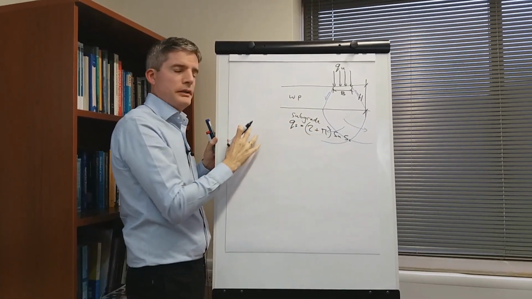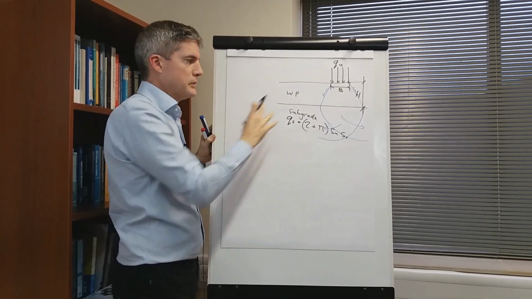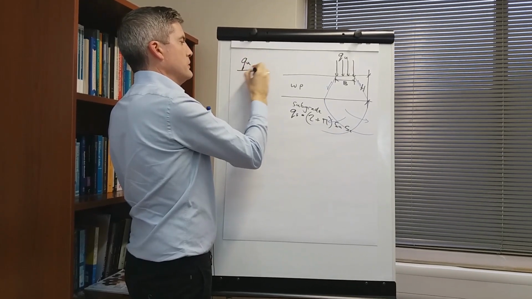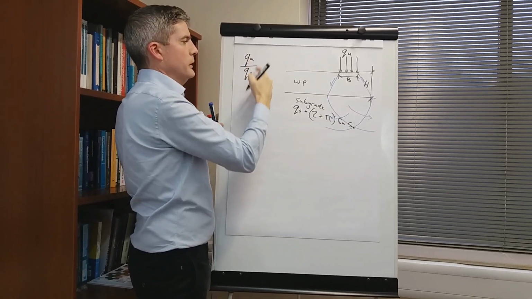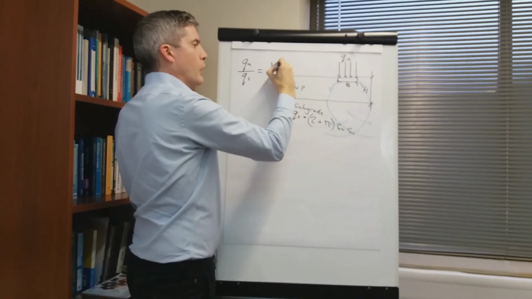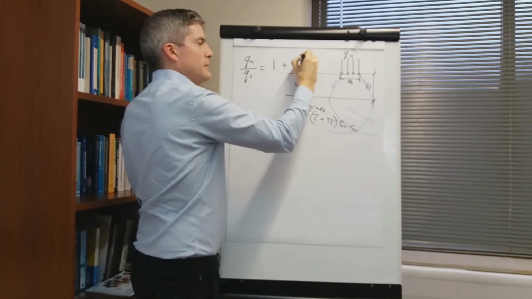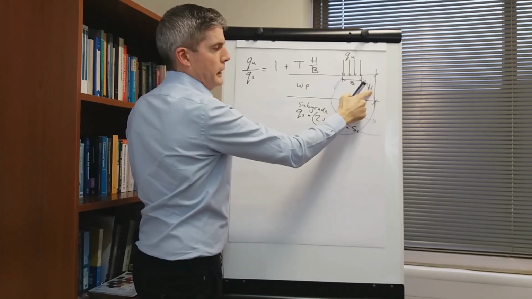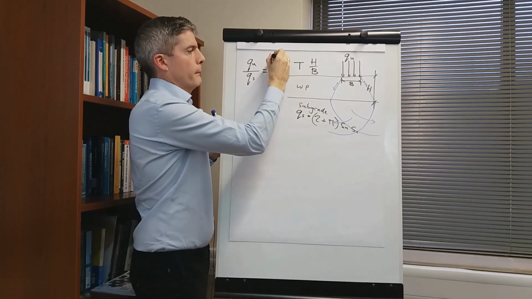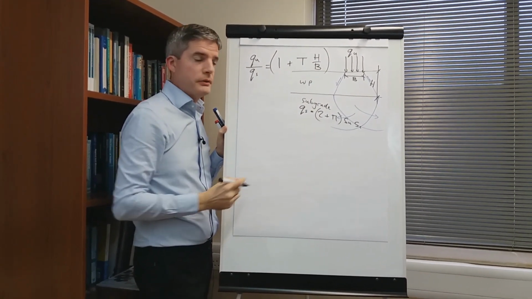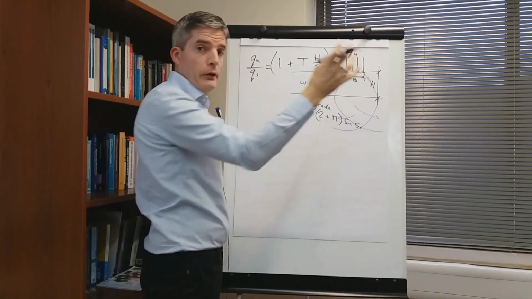Now, by back analyzing a lot of physical tests done on this problem, we found that you can express the bearing capacity quite simply in terms of this ratio: QU over QS is equal to 1 plus T times that ratio H over B. So a rather simple linear equation in the case of an infinitely long strip.